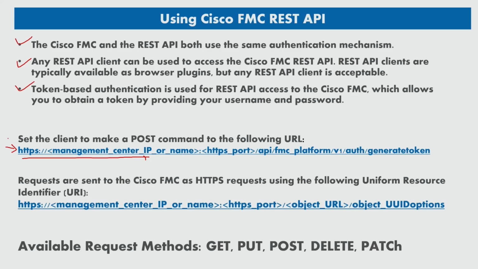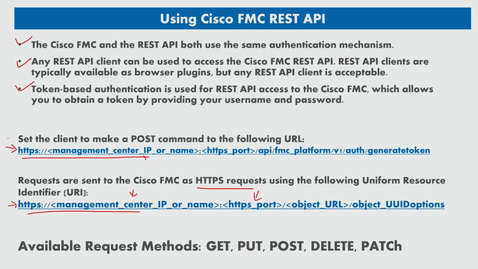Requests are sent to the Cisco FMC as HTTP requests using the following URI. Here, the management center IP is the IP address or FQDN, the fully qualified domain name, of the Cisco FMC.